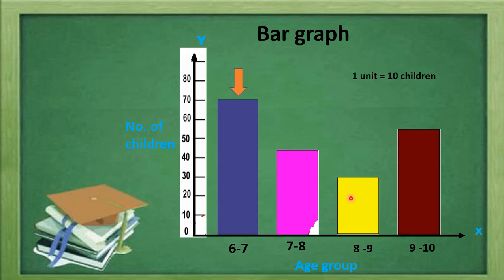Here the first rectangle, up to the height 70, shows that 70 children in the age group 6 to 7 visited the park. 45 children visited the park in the age group 7 to 8, and in the next age group, 8 to 9, 30 children visited the park that day, and the last shows that 60 children visited the park that Sunday.